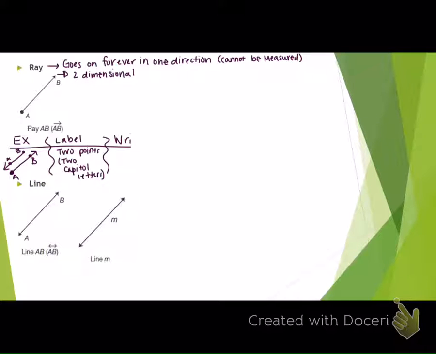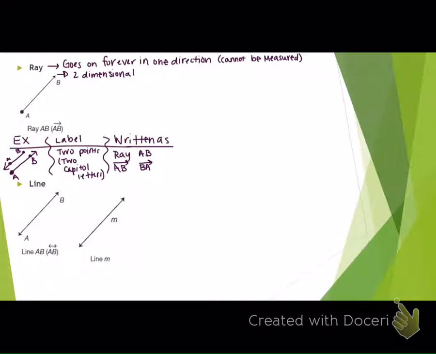And when you go to write it up, as you are doing your constructions and such, it's going to be written as ray AB or BA, it doesn't matter, or you can write it as AB with a ray on it, or BA with a ray on it.